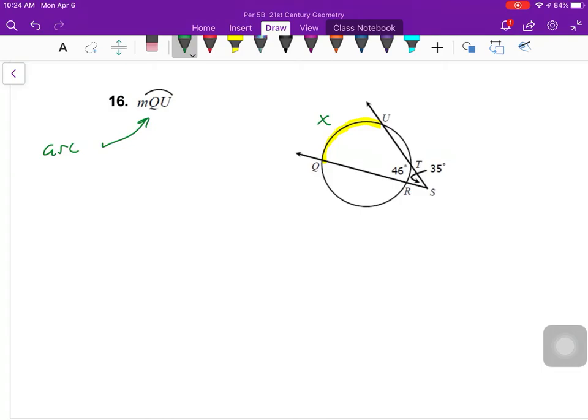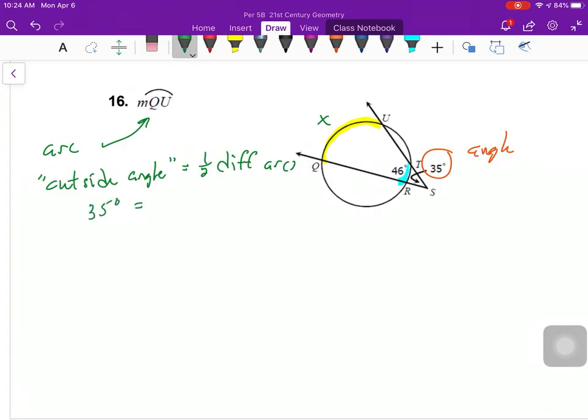Looking for an arc again. Q to U, so the arc we're looking for, this arc, I'm going to call it x. We have this arc. We have this angle. Looks like we have an outside angle, and that will equal half the difference of the arcs.